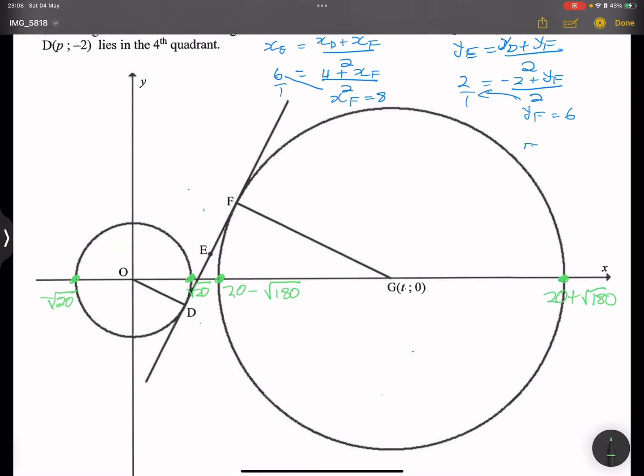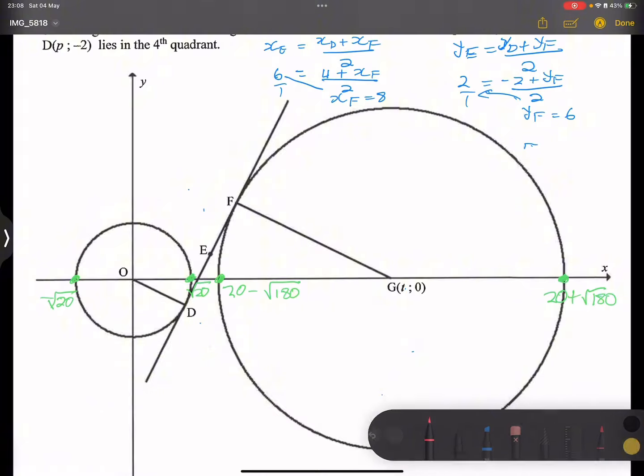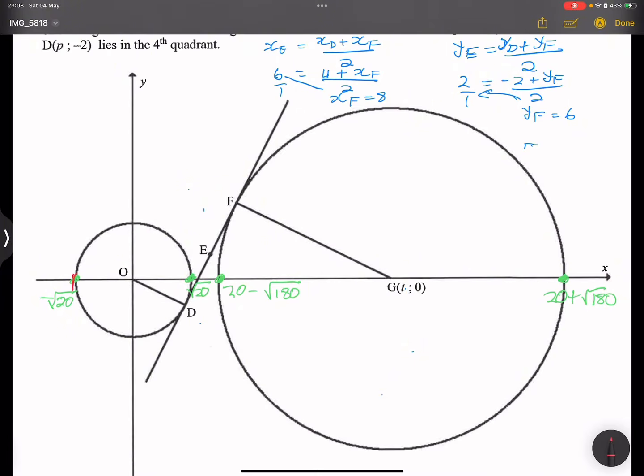Now, ladies and gents, I want us to consider the first one. I'm going to move this point to come here so that my circle just manages to touch the bigger circle internally, right? So I must move it by the difference of the x-intercepts of the big circle minus the x-intercepts of the smaller circle.